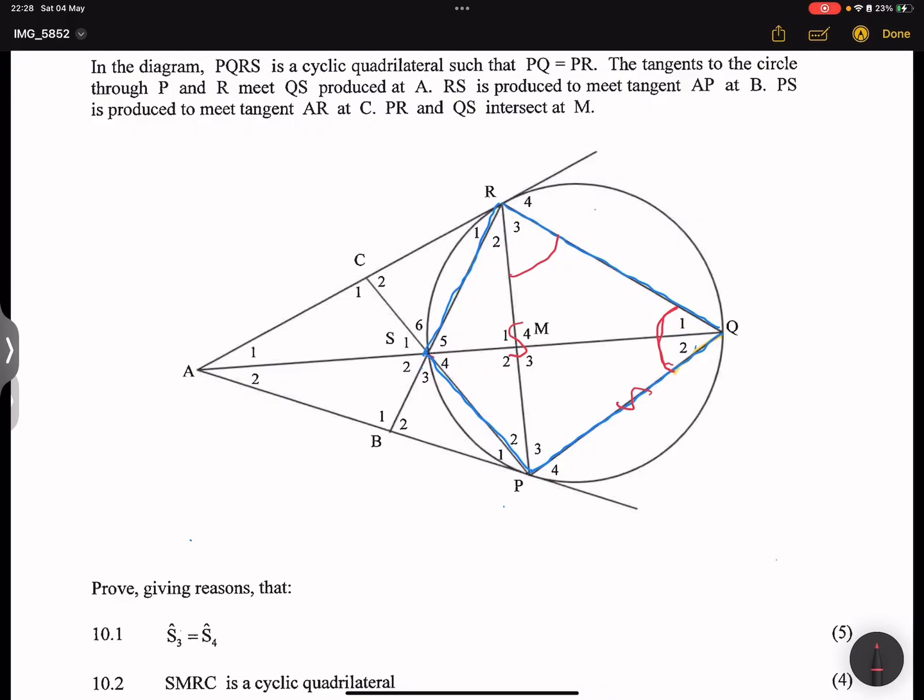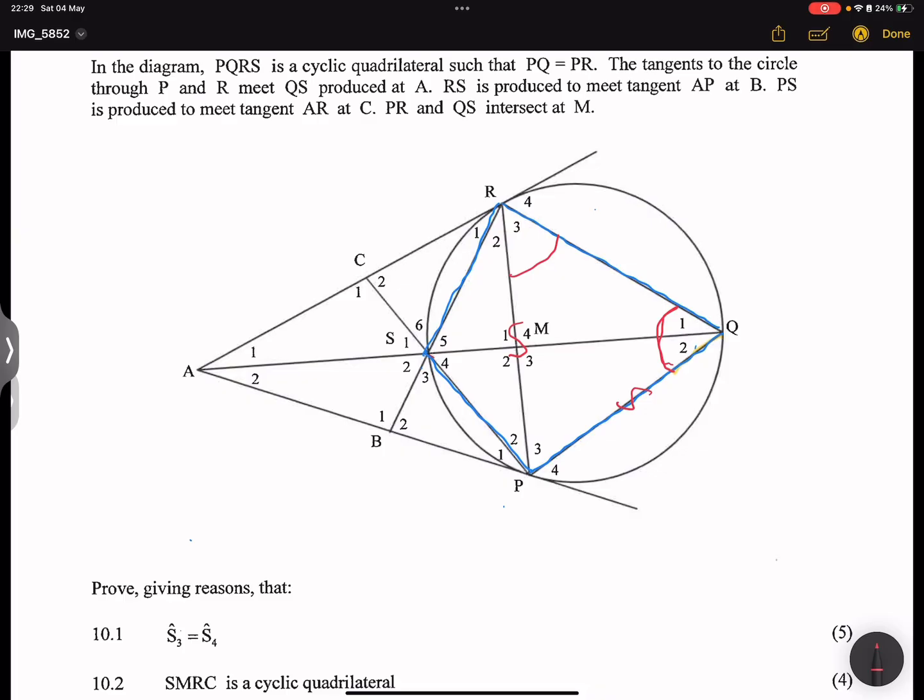Okay, so they say the tangents of the circle through P and R meet QS at A, right? So there we see them. And they say RS is produced. Okay, so note, when they say a line is produced, it means it forms a straight line, right? To meet AP at B, and PS is produced to meet AR at C.